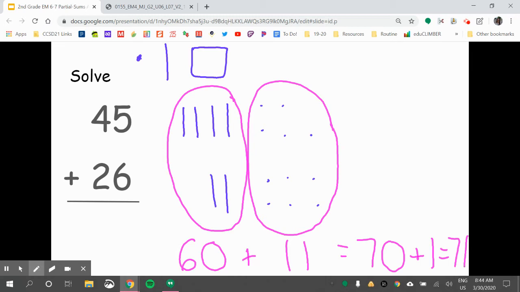You might have noticed that here, when I had 11 cubes, I could make an exchange. And that's fine if you want to make the exchange that way, and you want to take this group of 10 and move it over here so that you have 70 represented in the tens and just 1 left in the ones. Whatever strategy works for you works for me.